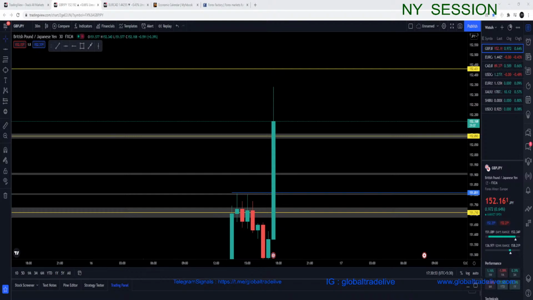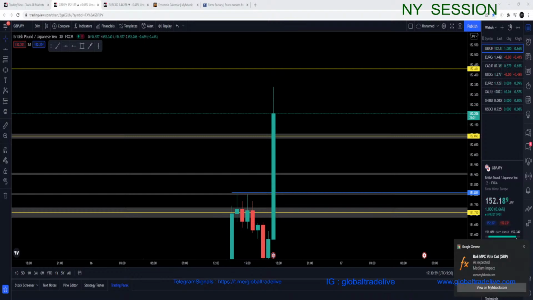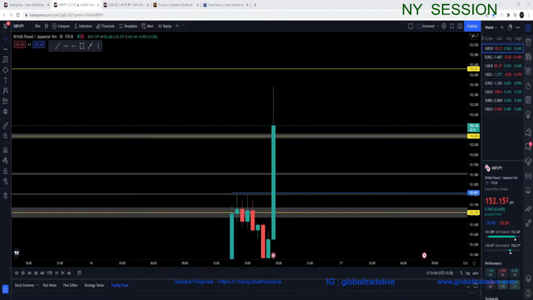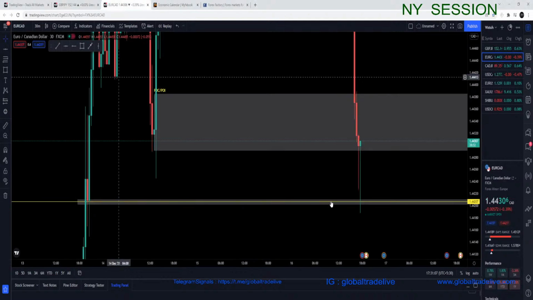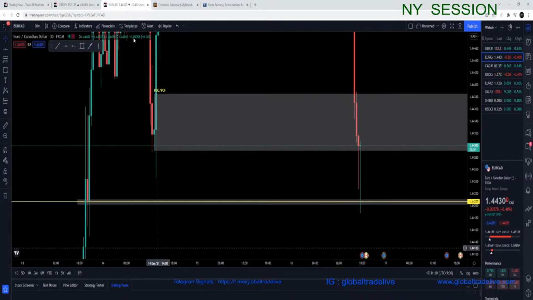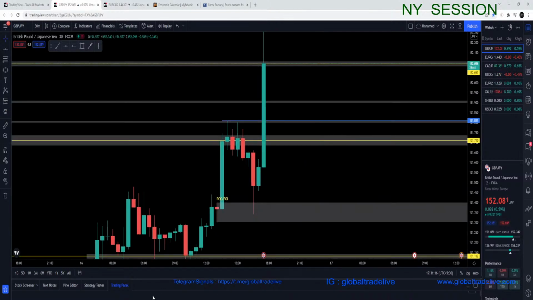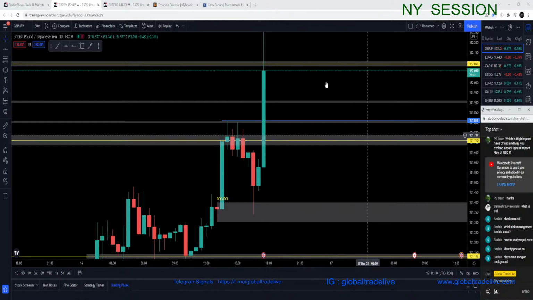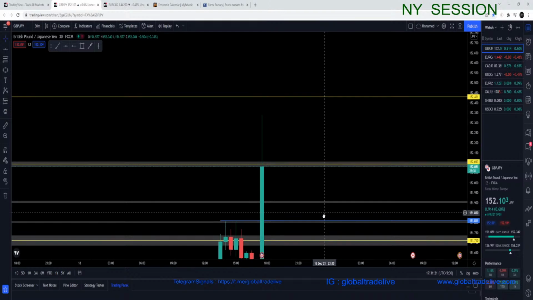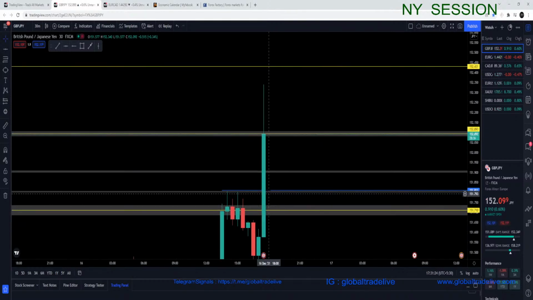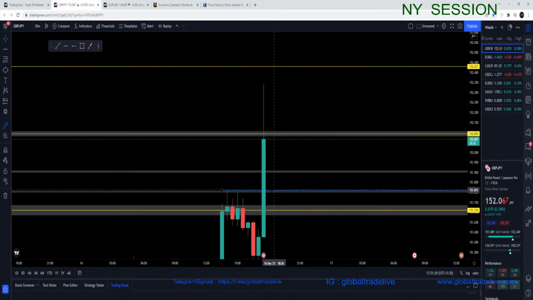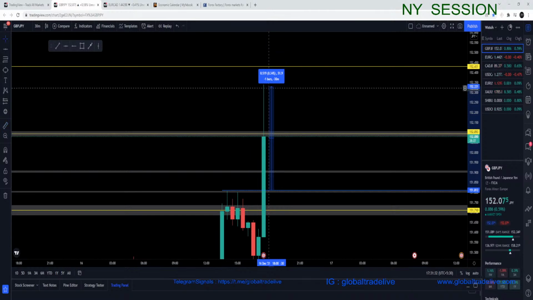This was the move I was talking about. And look here, EuroCAD rejecting. Man, if there was a buy stop over here, then I would have just got around 50 pips.